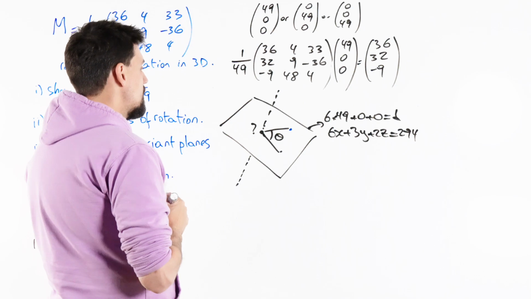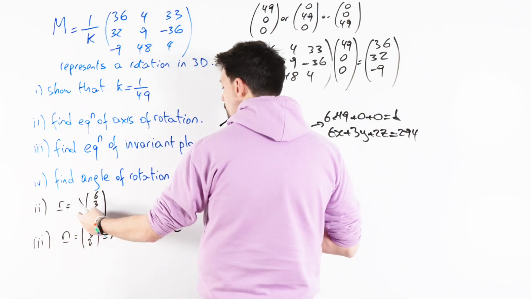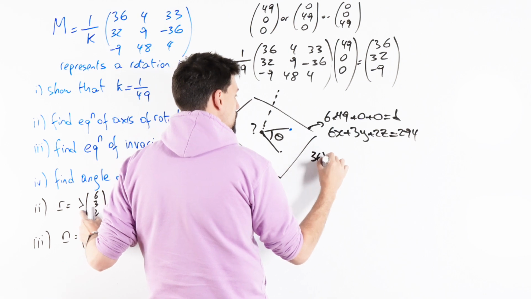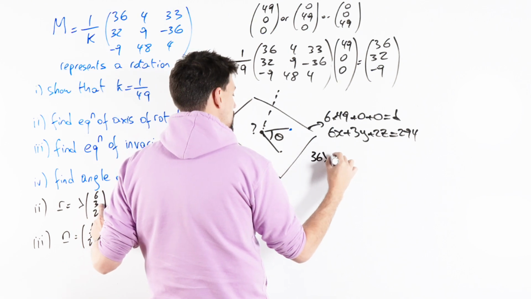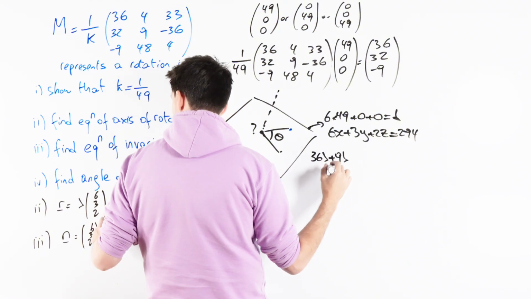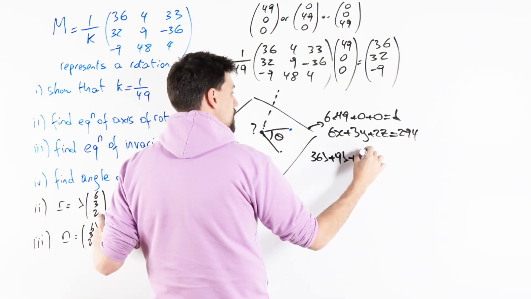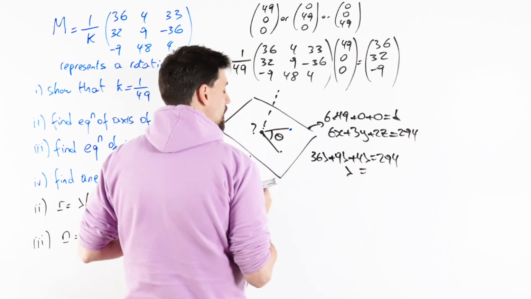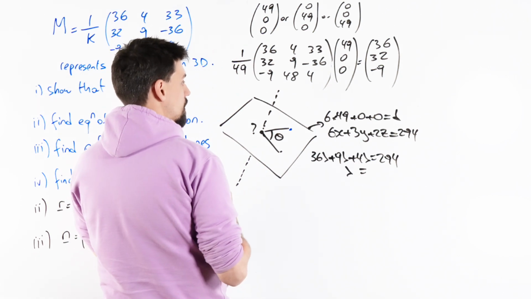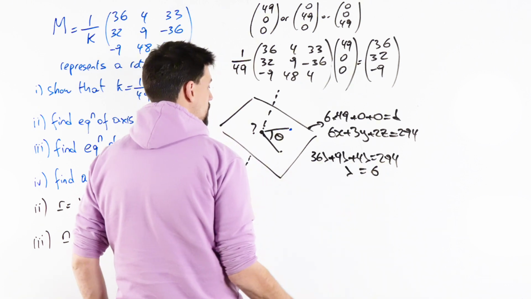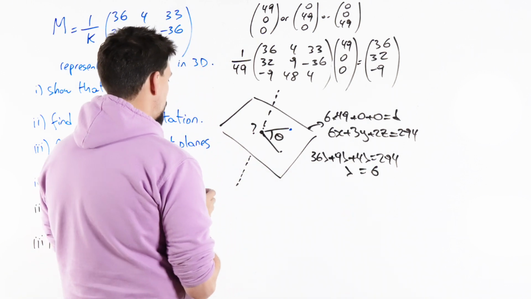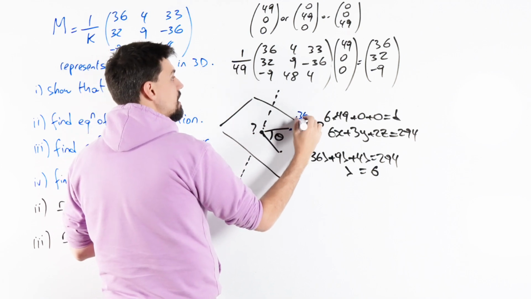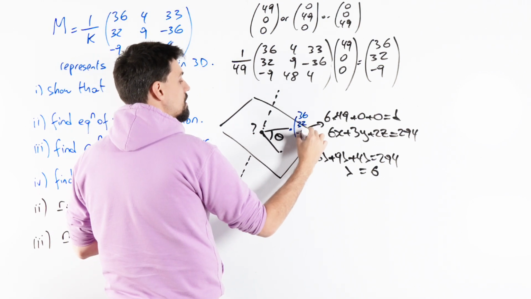Now we need that to go through this line, so x is 6 lambda, y is 3 lambda, z is 2 lambda. That gives me lambda is 6.